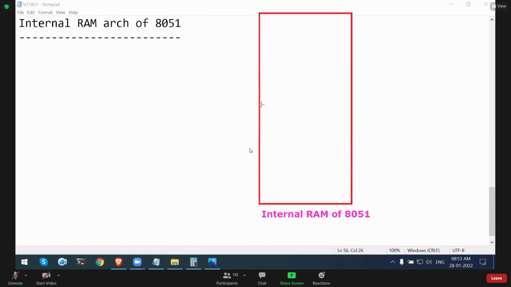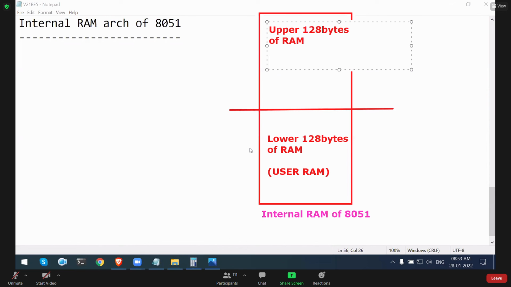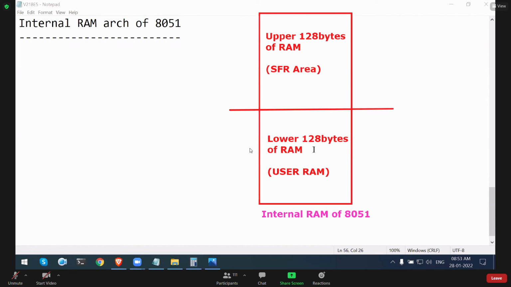This lower 128 bytes of RAM is called user RAM, and this upper 128 bytes of RAM is called the SFR area. Here all SFRs are available.